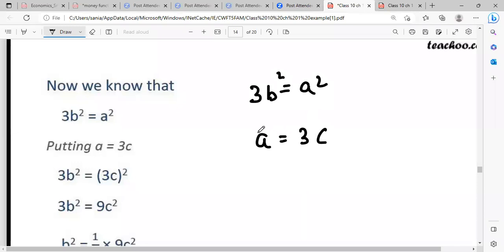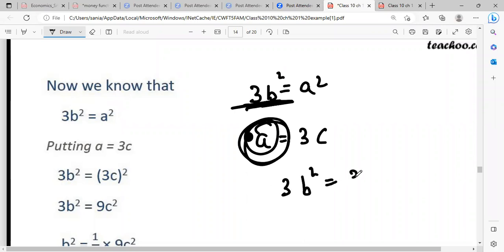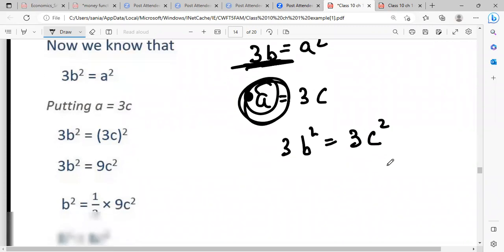So what you will do, instead of this A, you will write 3B square equals 3C square, because it was A square. That's why it is 3C square. Clear? Yes, ma'am. Okay.